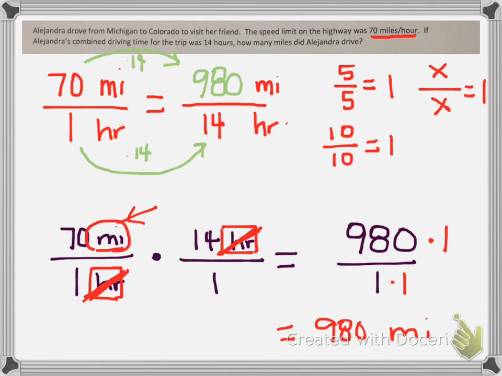So finding the answer is important, finding out that after 14 hours she will drive 980 miles. That is important. But use the unit analysis ideas of the bottom portion here to help you to get used to setting up problems so that we can cancel units and find the answer automatically.